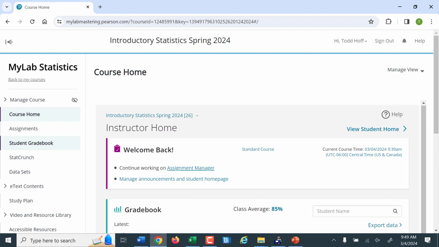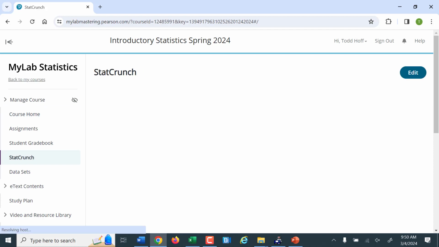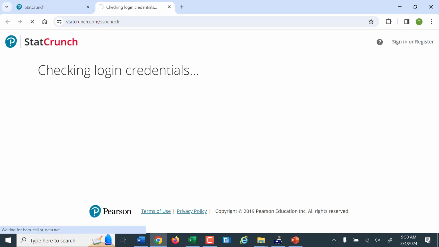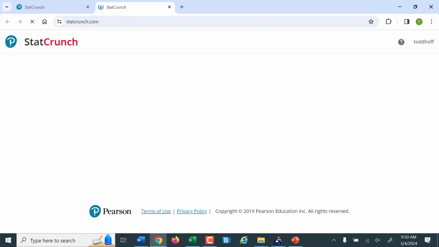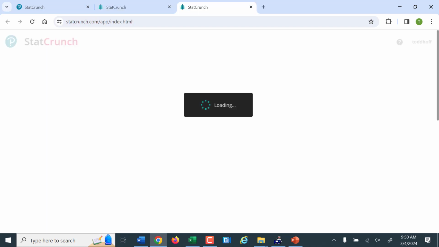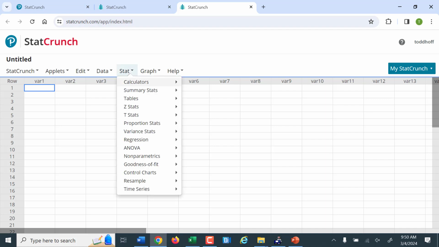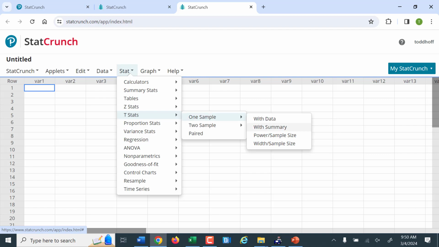Let's go to StatCrunch here in MyMathLab. And I think StatCrunch is a much neater, cleaner way of doing this calculation. So if we get to StatCrunch, we're going to go to Stats, and we're going to go to T-Stats, one sample, with summary.